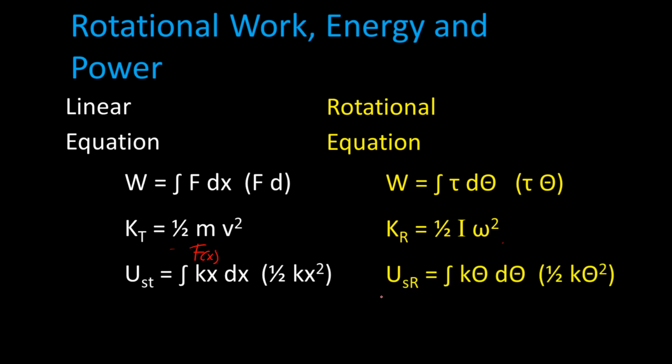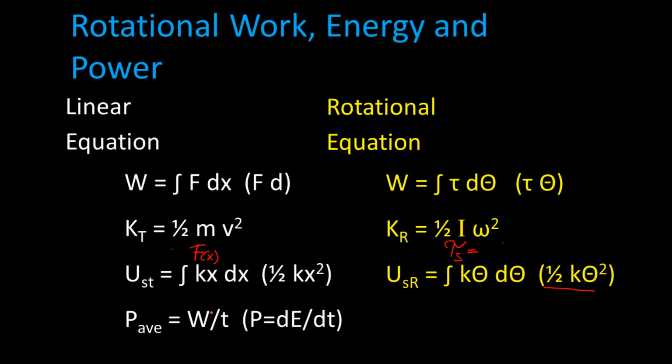The analogy in the rotational world, again, I'm using the U sub S to indicate that's a potential from a spring, again a conservative force, but in this case, rotational, is the integral of k theta d theta. Now, that's assuming that the tau for our spring is a function of how much it's wrapped up. If that remains constant, then it simplifies to 1/2 k theta squared.